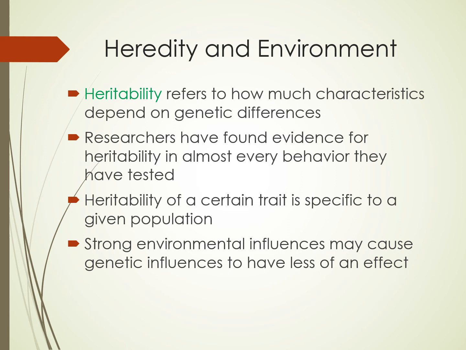And if we put in this kind of environmental variability of, well, now we're looking at people who are wealthy versus people who are in poverty versus people who go to this kind of school versus people who are in a violent neighborhood, those larger changes make it look like environment has a larger influence. So our heritability estimates are going to be lower because of those large environmental changes and differences.